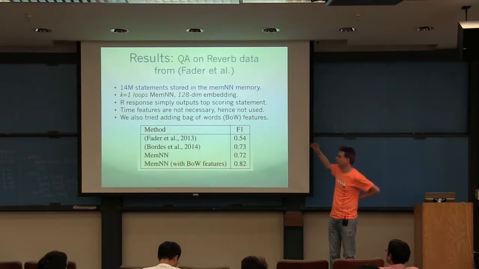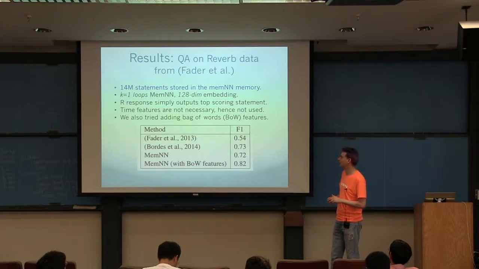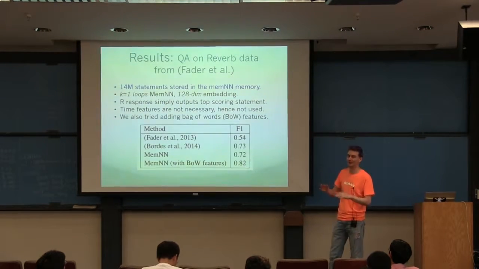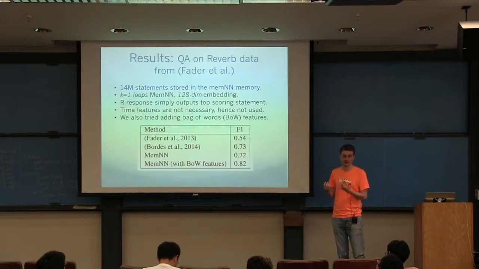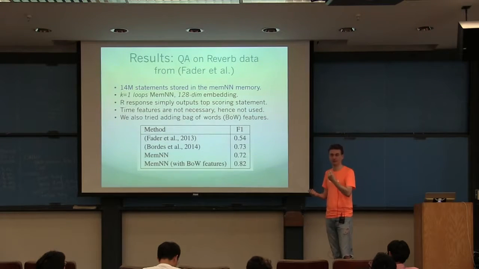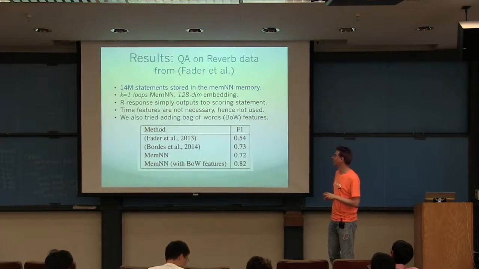In these experiments we used 128 dimensional word embeddings, but you get good results if you do 64 or 256 or whatever as well. Here the time features aren't necessary either, because it's just finding these factoid kind of answers.